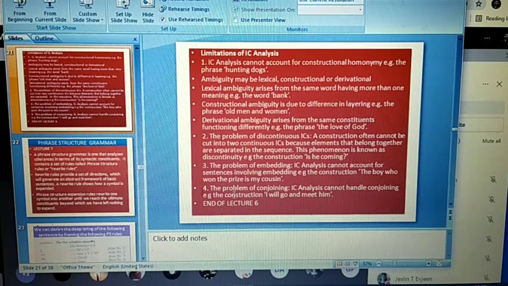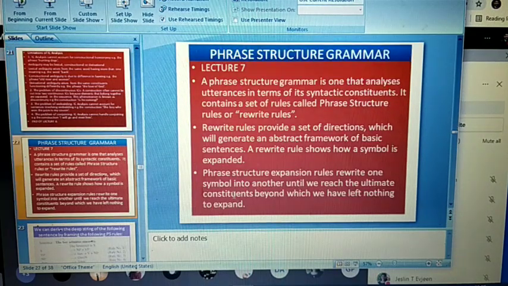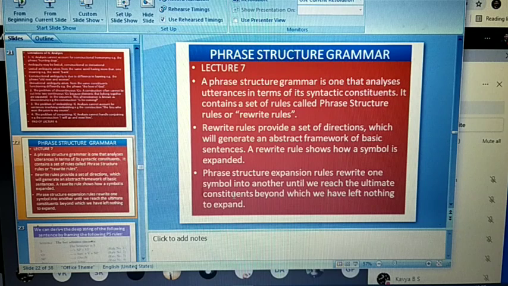Now we move on to the next syntactic method, that is phrase structure grammar. So remember, immediate constituent analysis, phrase structure grammar, transformational generative grammar, these are all three different grammars of the descriptive or structural grammar. And now we have to understand phrase structure grammar.